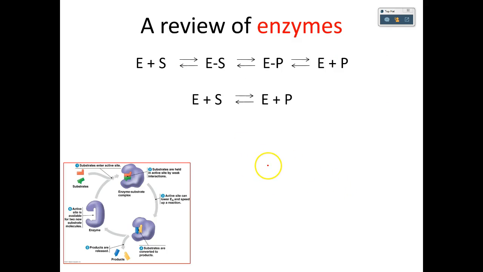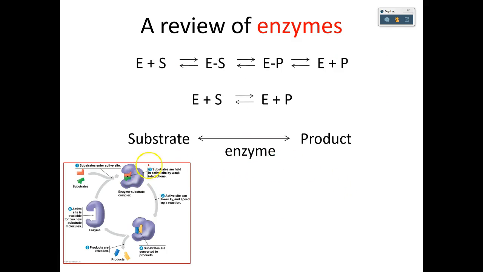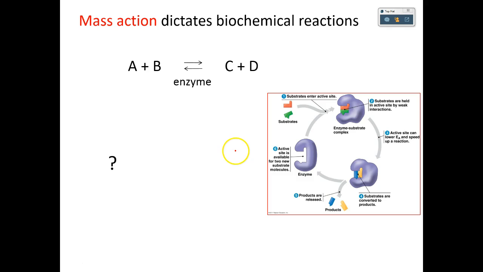So remember, we've reviewed basically what enzymes do. You can draw this in different ways, but basically they take a substrate, and that substrate is then converted to a product, and it's the enzymes that are in between, right? And this can often go in either direction depending on how much substrate or product there is.